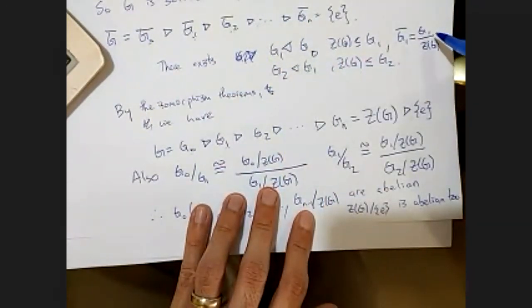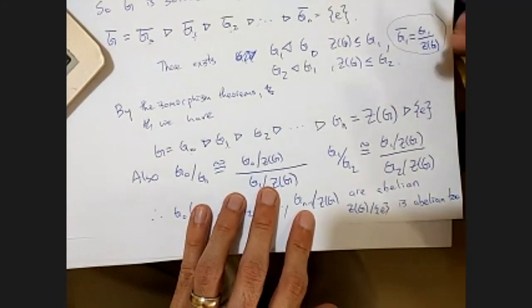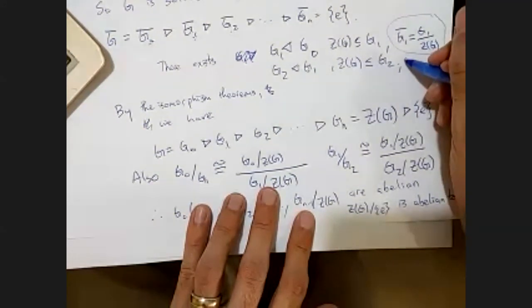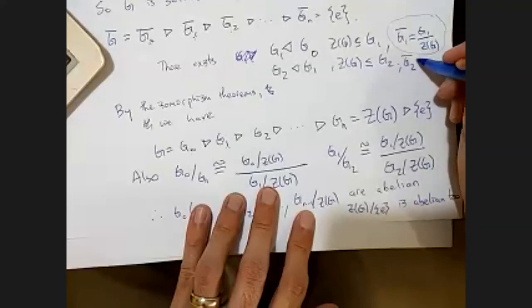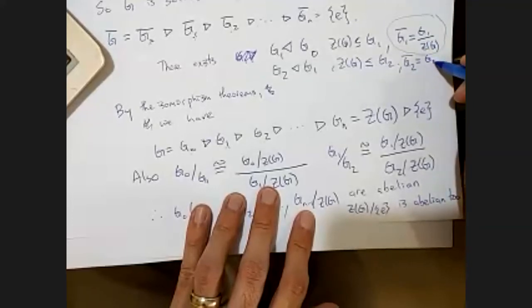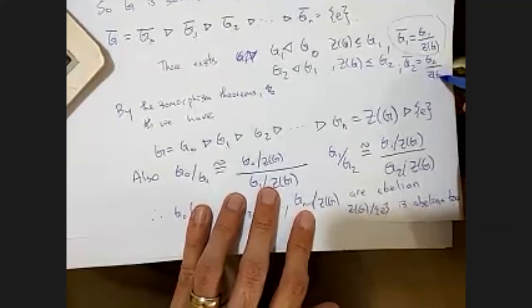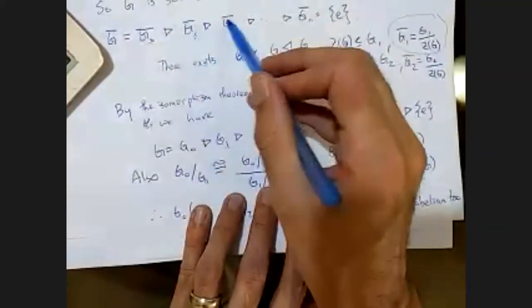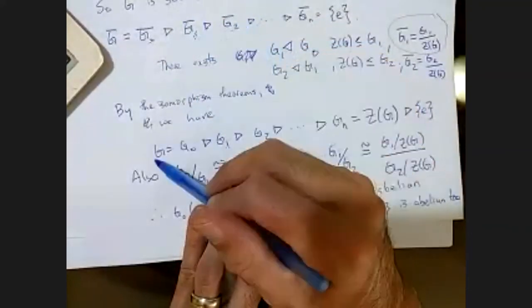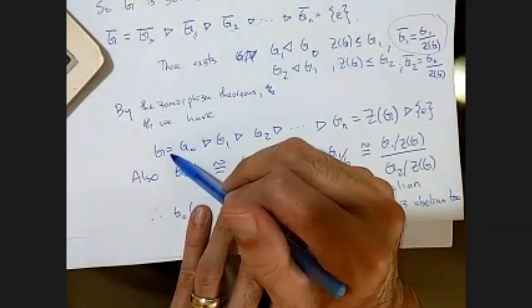This might be what was confusing you, that I did not write this down. That's really my fault. Sorry about that. Anyway, so you also have G2 bar, that's just G2 mod the center of G, and all the way down. So each of these bar subgroups corresponds to a subgroup of G containing the center.